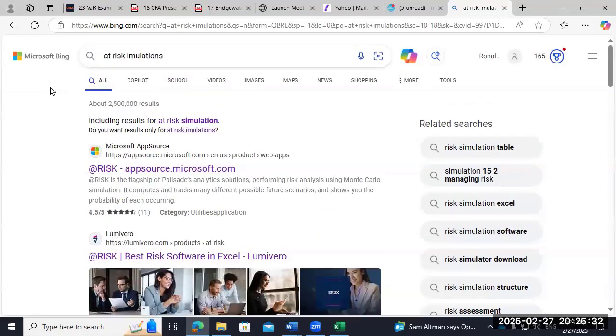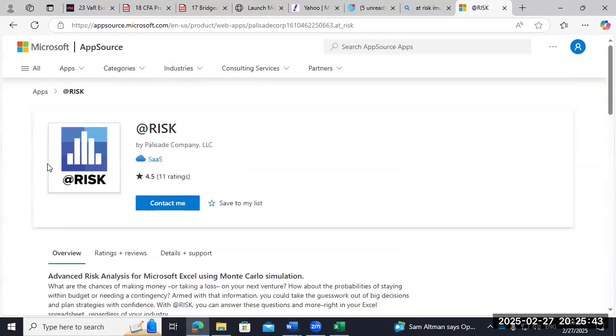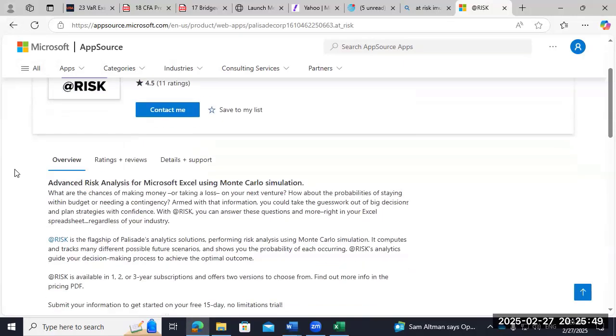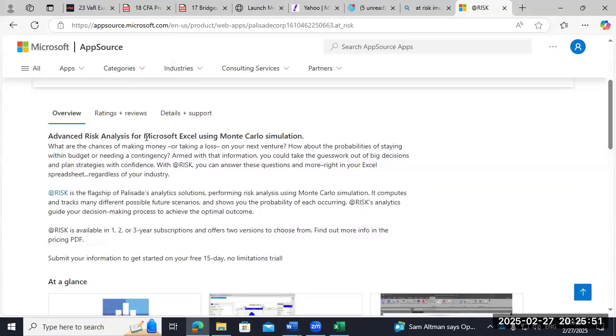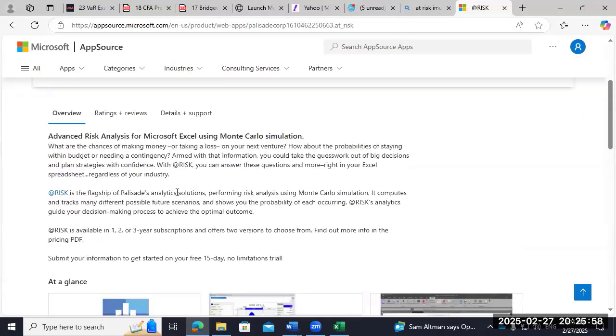You can do it in Excel, right? But it's pretty clumsy in Excel. How much does Microsoft's cost? Maybe you should buy one. I don't know what the cost is, but do they tell you how much something costs? Advanced risk analysis. @Risk, a flagship.